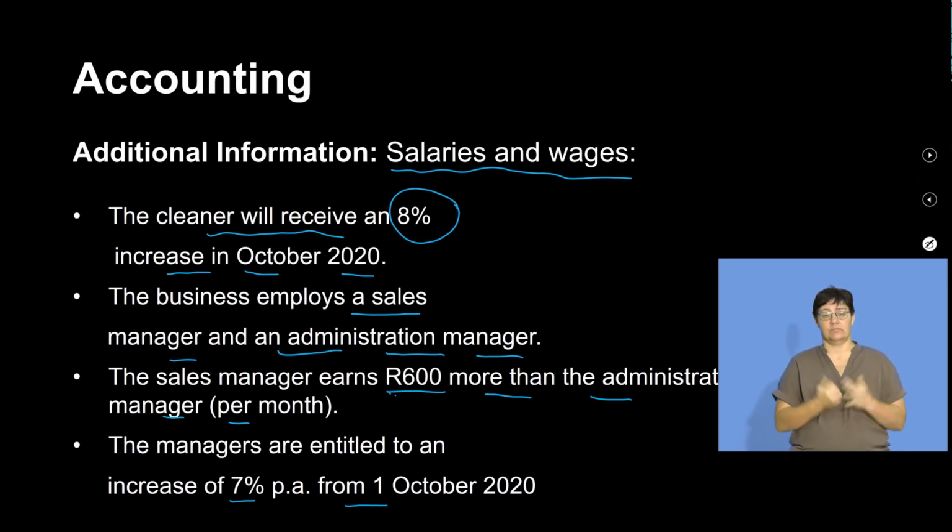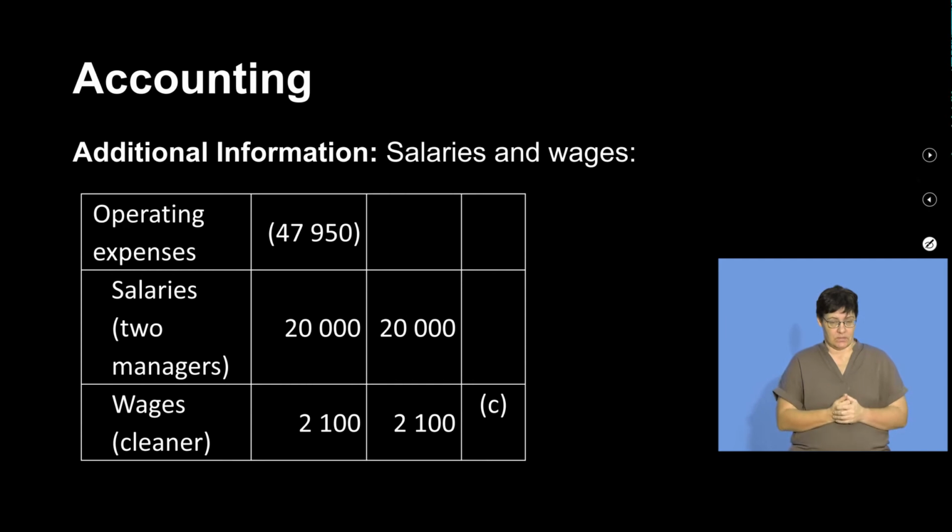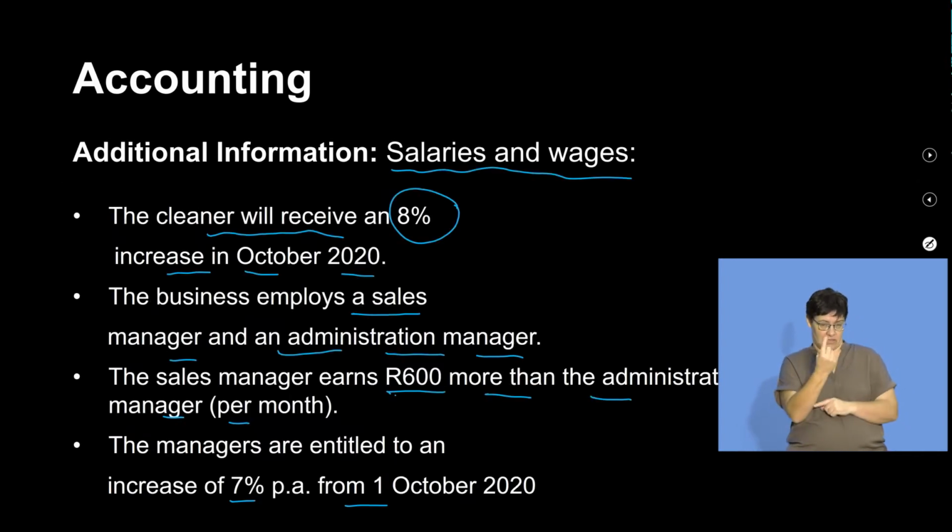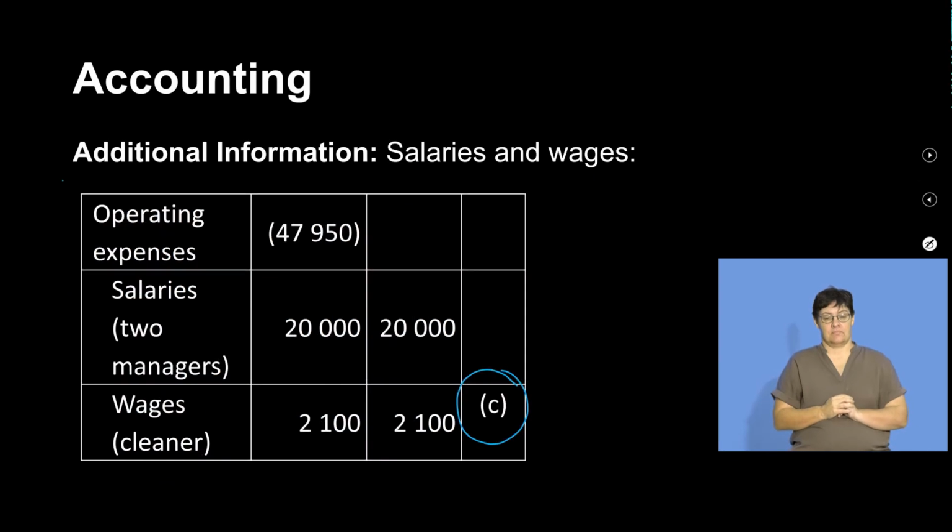Okay, in terms of my calculation now, here's my wages of my cleaner. Watch, we know that the cleaner will be subjected to an increase, so immediately we say fine, let's look at the cleaner first. The cleaner will receive an 8% increase, therefore, this is what we do.